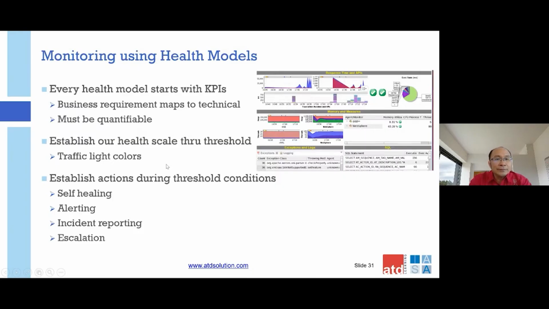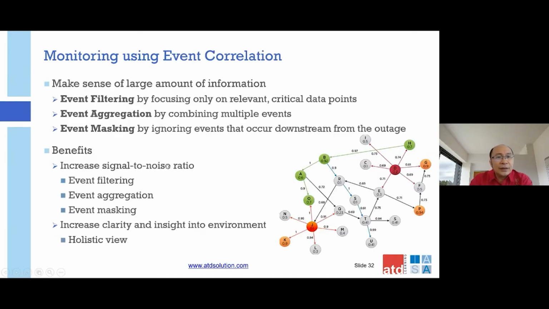The next one is monitoring using a health model. There are many tools you can purchase today to monitor your network, your server load, and also all the transactions and throughput, with traffic light colors, etc. The tool itself can give you warnings, give you workflows, and trigger events, like event filtering, event aggregation, and event masking.